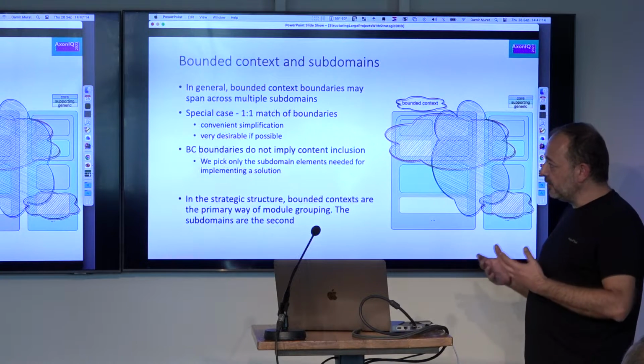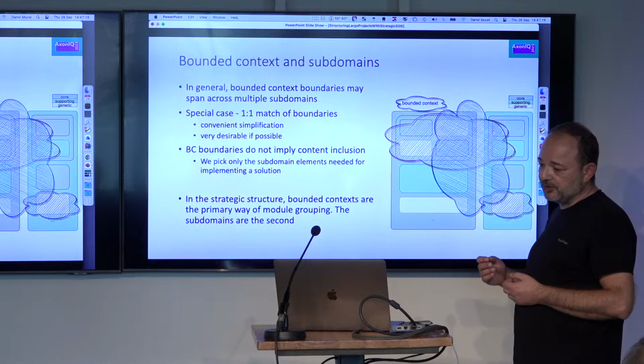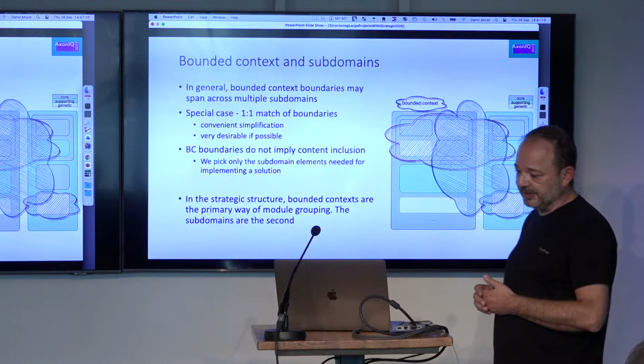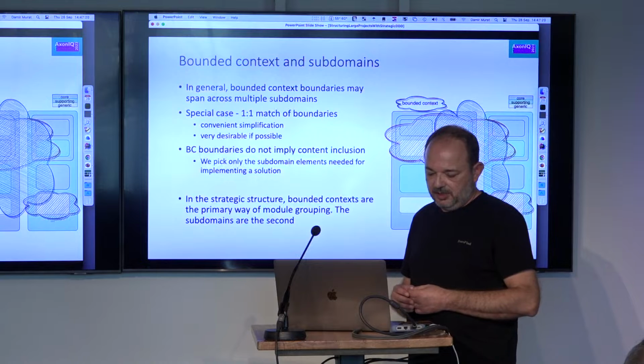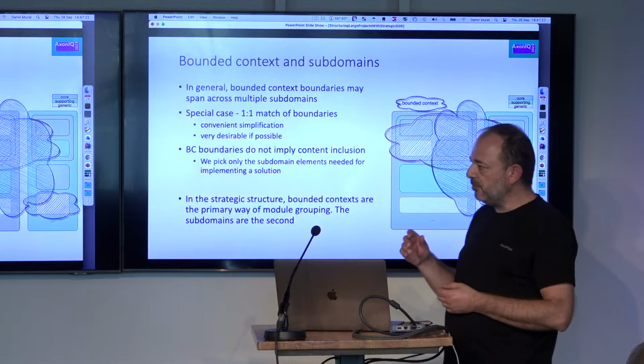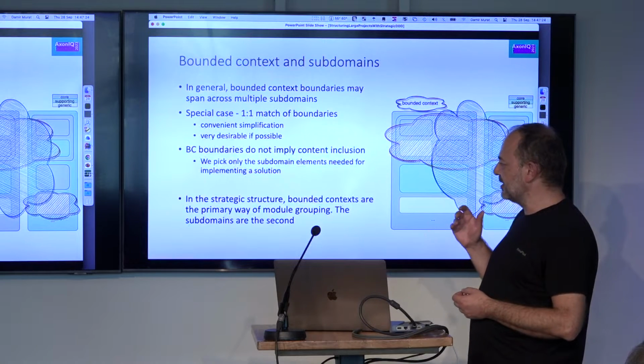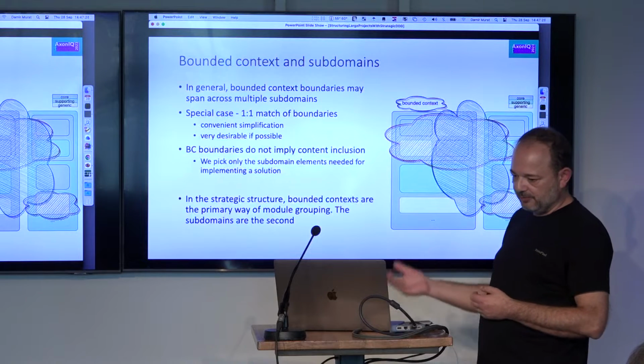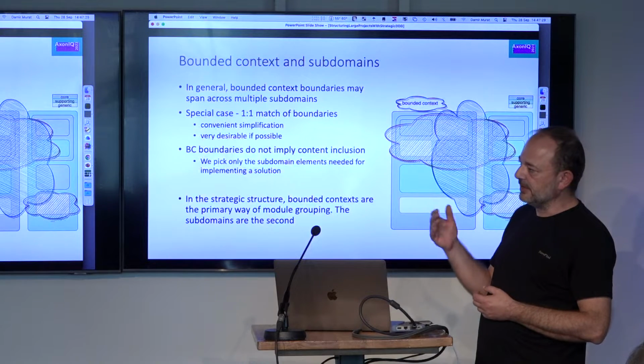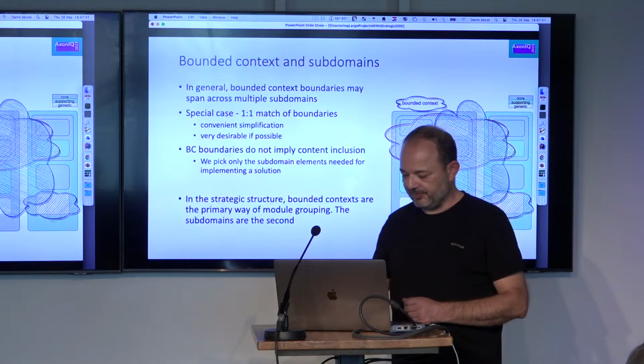And if you can use that simplification, you should definitely go with it. In the strategic structure, bounded contexts will be used as a primary way for organizing the modules, and the subdomains will be the second.